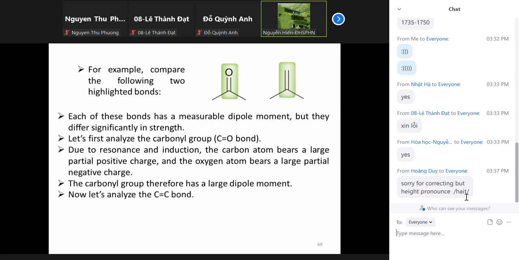It is different when you look at the C=C double bond.